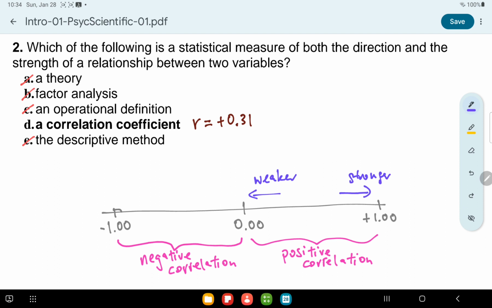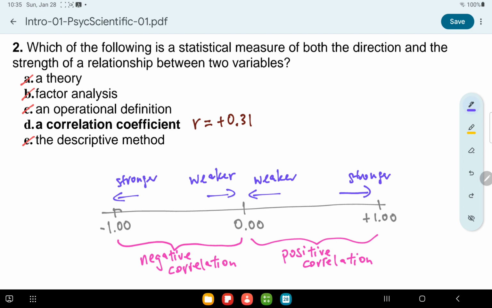And on the other side, for negative correlations, sort of the exact opposite. The closer a negative number is to negative 1.00, the stronger the negative correlation. And the closer a negative number is to 0, the weaker it is.